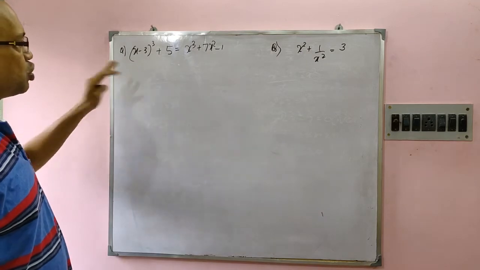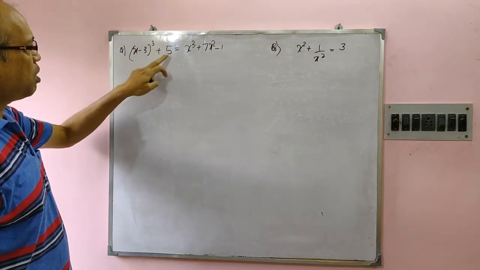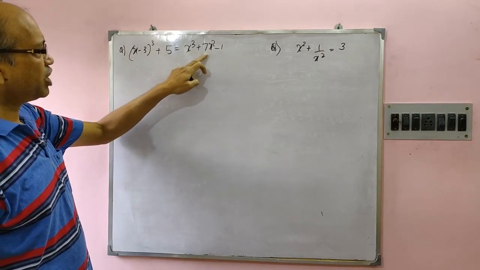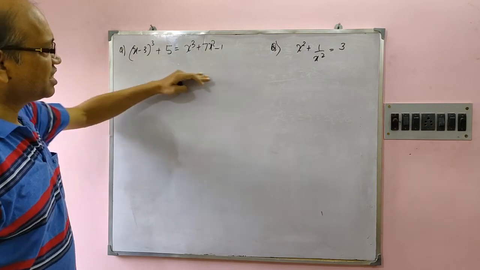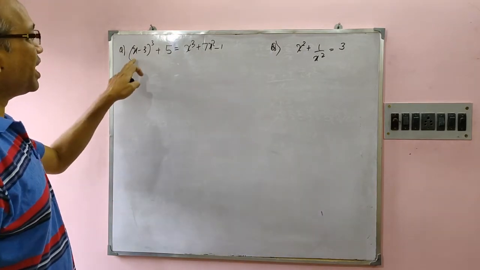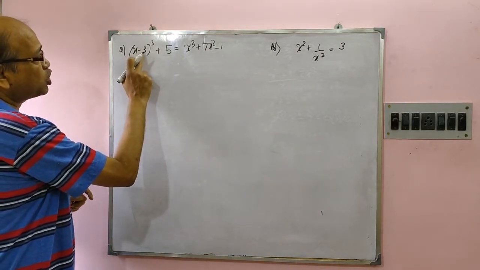Yes. The next question. (x minus 3) whole cube plus 5 is equals to x cube plus 7x squared minus 1. Is this a quadratic equation or not? How do we do it? First we expand this. Expand (a minus b) whole cube.